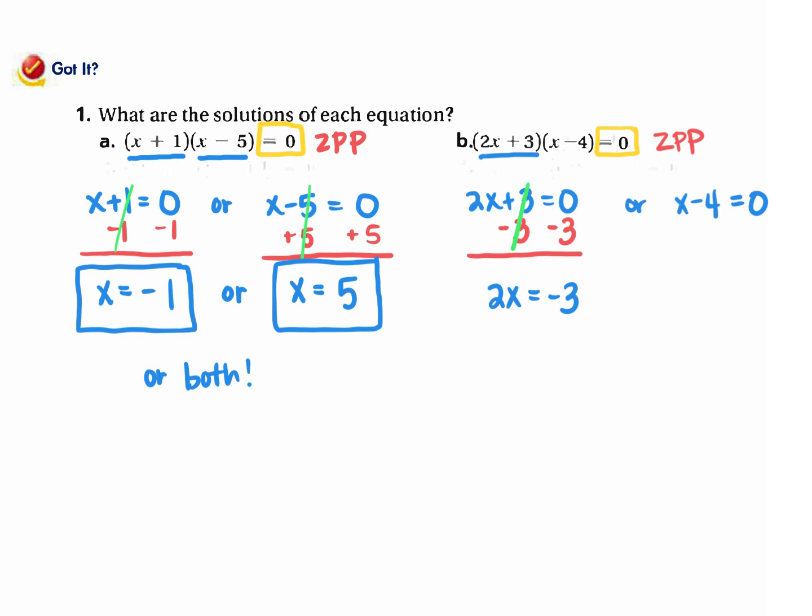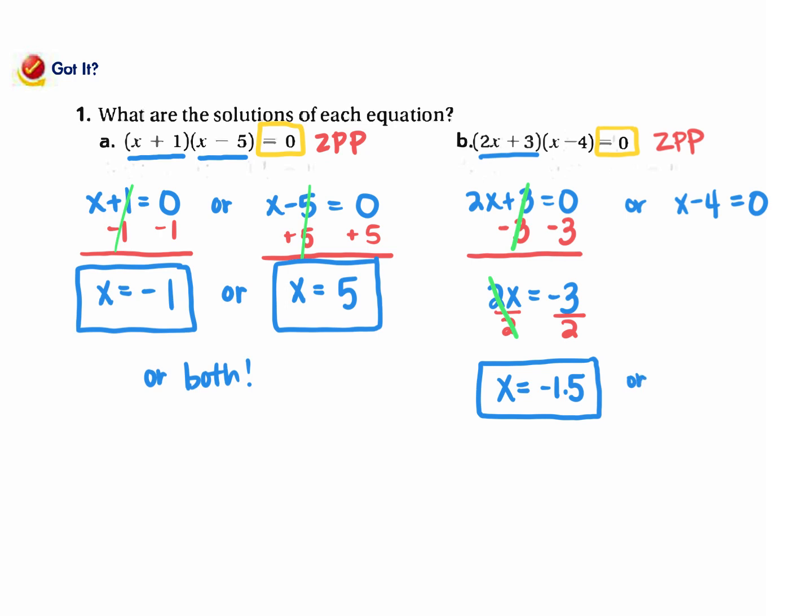So x is not yet alone, so I need to do a second step to divide by 2. And now the 2 in the numerator reduces the 2 in the denominator, so we're left with x equals negative 3 divided by 2. That's negative 1.5 when you check the decimal value for that.